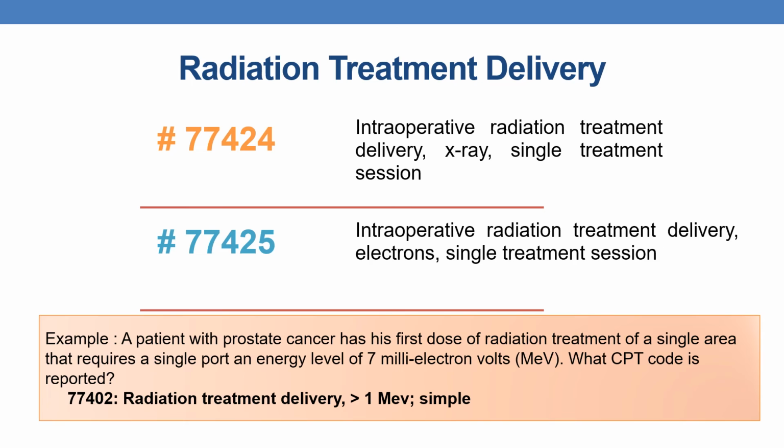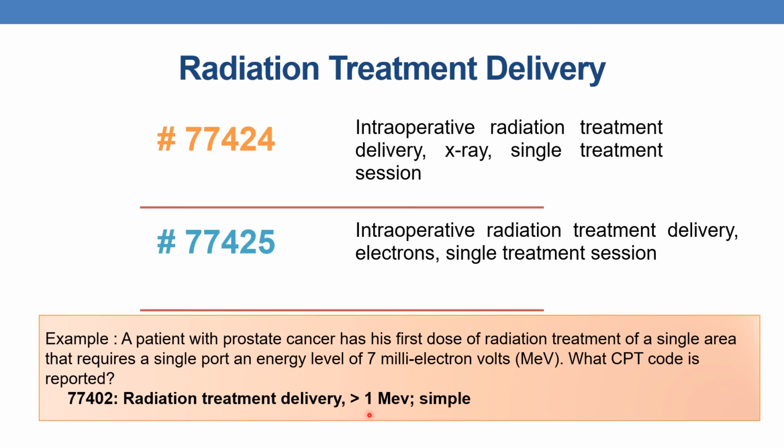Now let us discuss an example. A patient with prostate cancer has his first dose of radiation treatment of a single area that requires a single port of energy level 7 MeV. What CPT is to be coded? Here radiation treatment delivery involves a single area and single port. So radiation treatment delivery is simple, 77402.